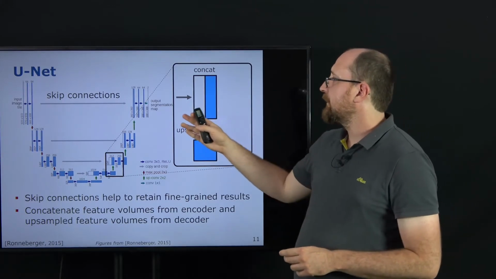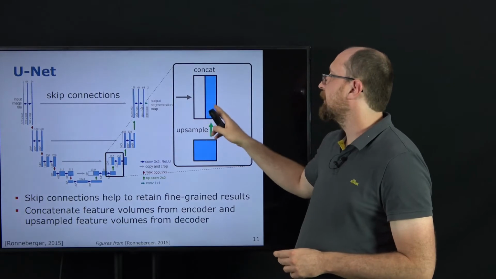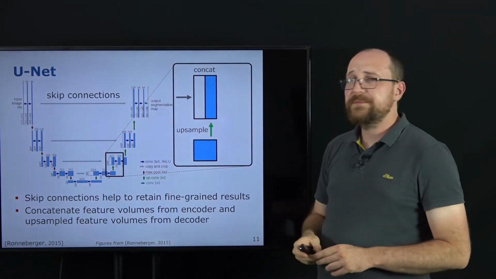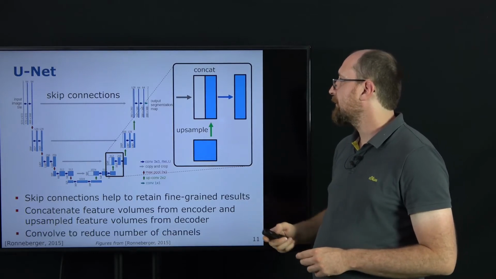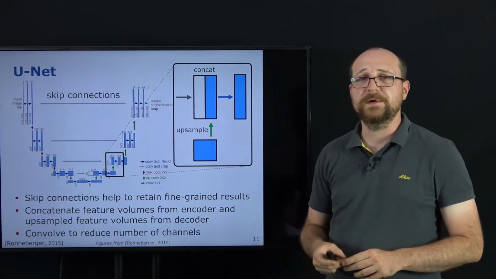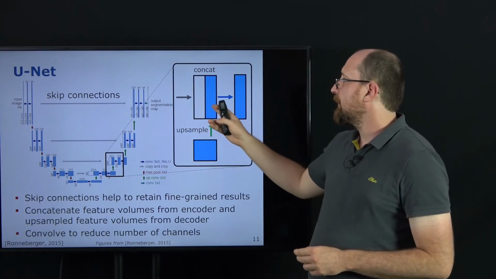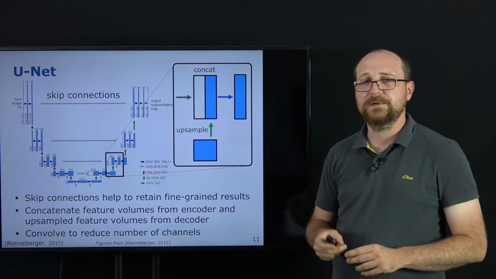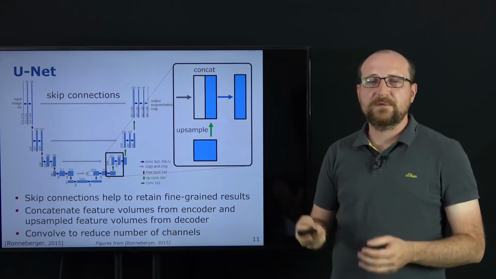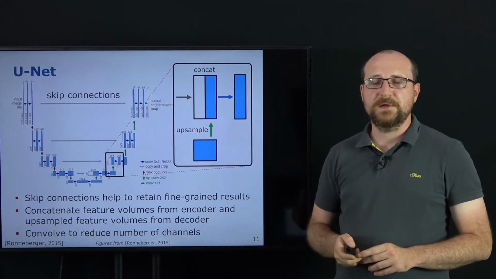And then we are using the feature maps from the encoder and combine them together with the upsampled feature map, by a concatenation in this case, and then use again a convolution to reduce the number of channels to the desired number of channels that we want to have in the end. And by using this strategy, we can get much more fine-grained results.